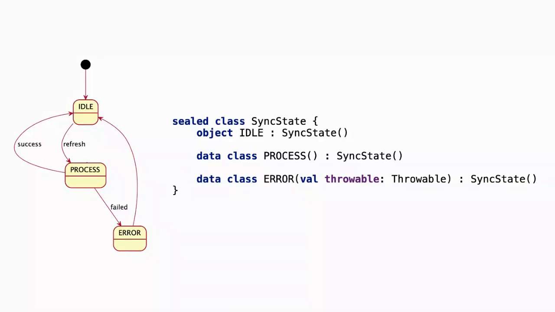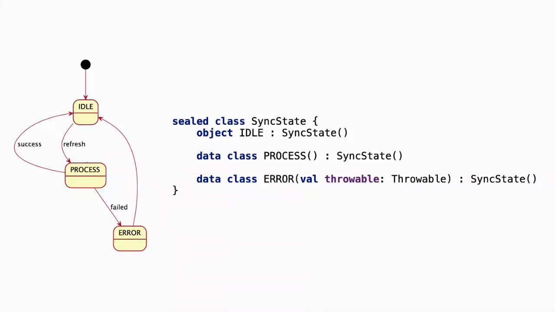If the query succeeds, we're going to go back to idle after applying the information that we just got and setting it up somewhere. If that query fails, we're going to go into an error state where we'll, in this case, just copy the throwable that we just got, to let the users consuming our model display some error message or handle that gracefully.